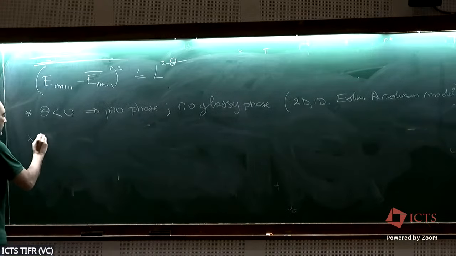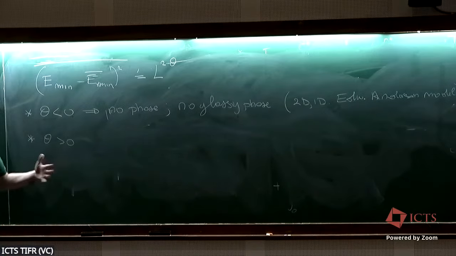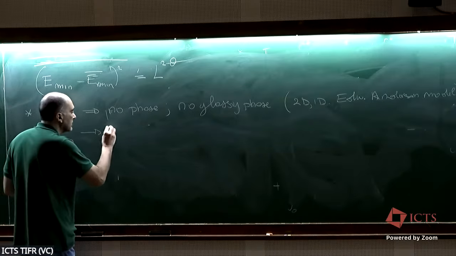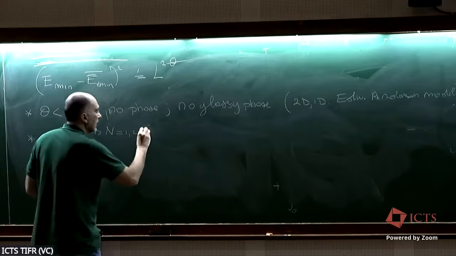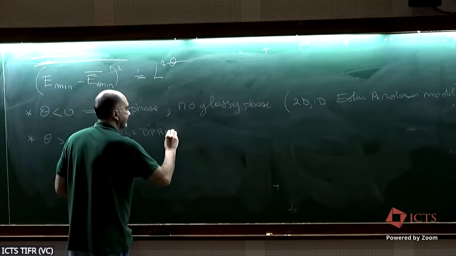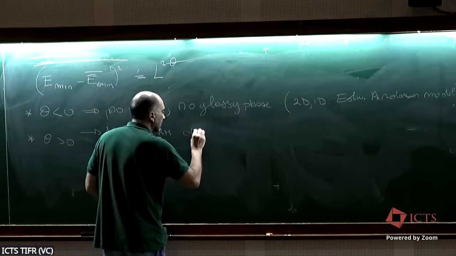Then you can have theta bigger than 0, as we have seen, 1/3 in the directed polymer in one dimension. We have seen two things, for n equal 1 and 2 in the directed polymer in random media: there is only the glassy phase.